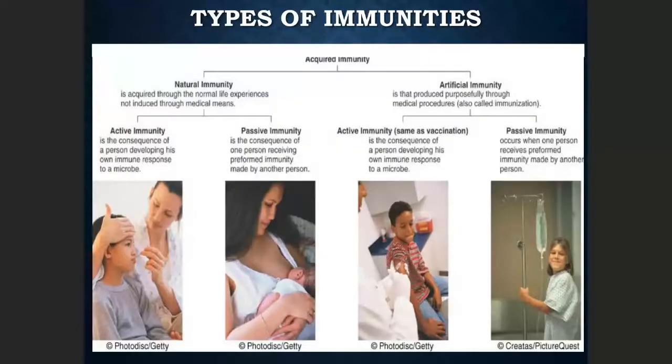Okay, this is the picture of those types of immunity. If it is natural, maybe active, like having the disease, or passive, which is the kids receive the antibodies from their mother. If it is active, it's going to be long term. If it is passive, it's going to be short term.